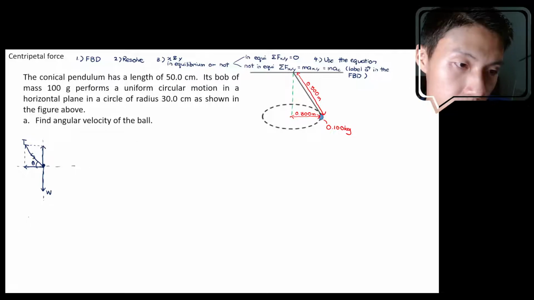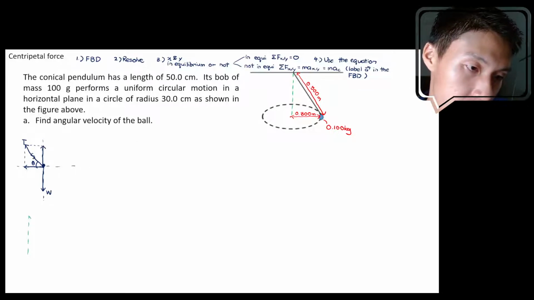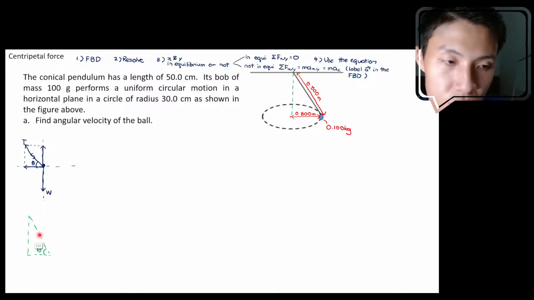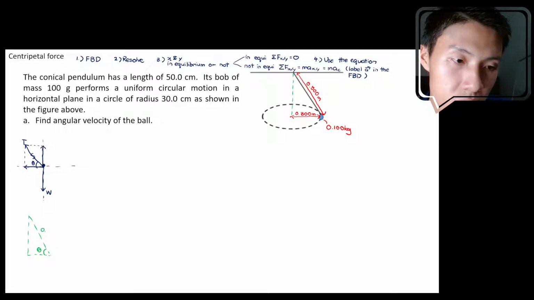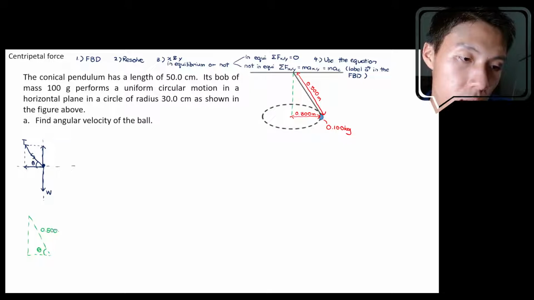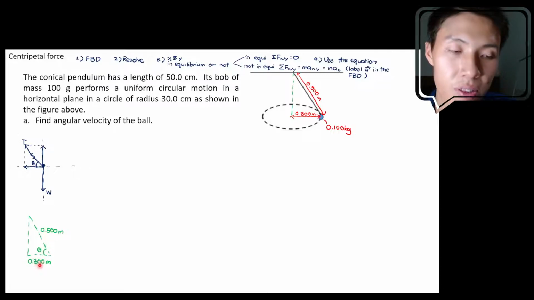Let's sketch it out. So you have a triangle, and this angle here will be the angle that we are interested in. We know that the length over here is 0.500 meter and the length over here is 0.300 meter. If we are asked to find the angle, you can see that 0.300 is the adjacent side of the triangle, and 0.500 is the hypotenuse.